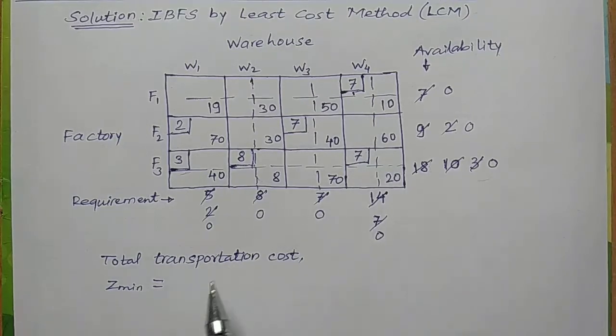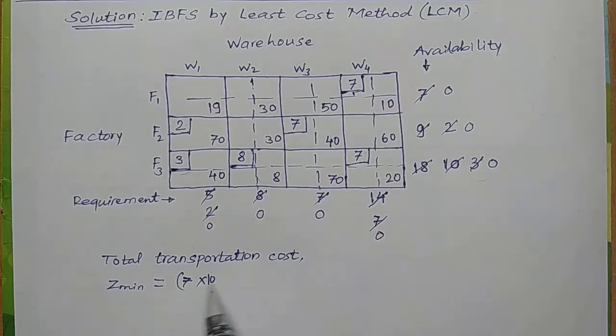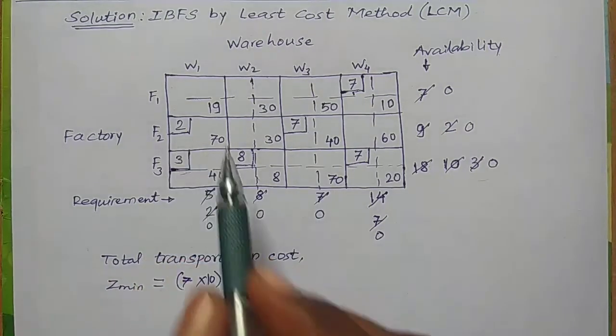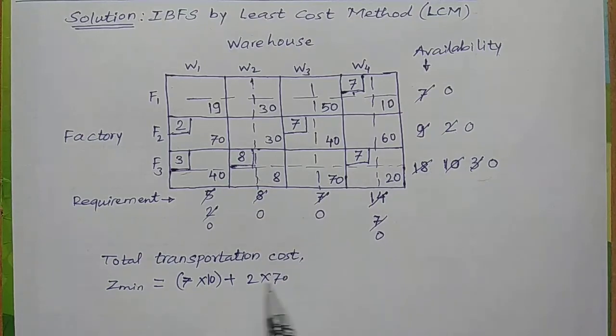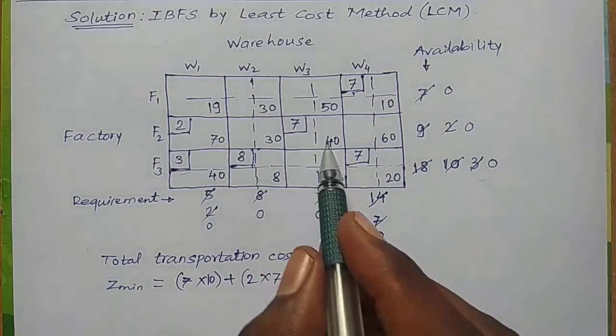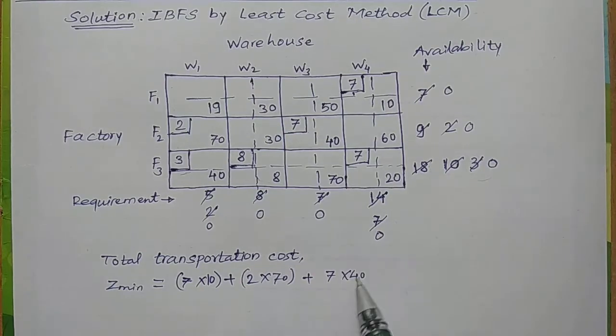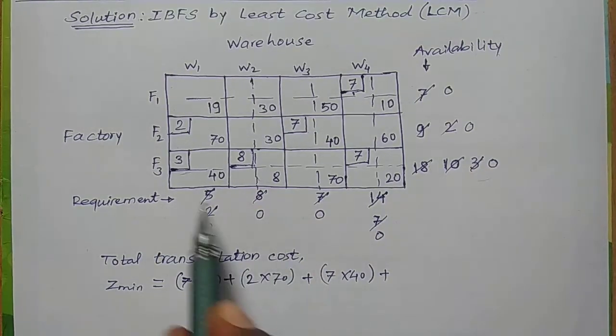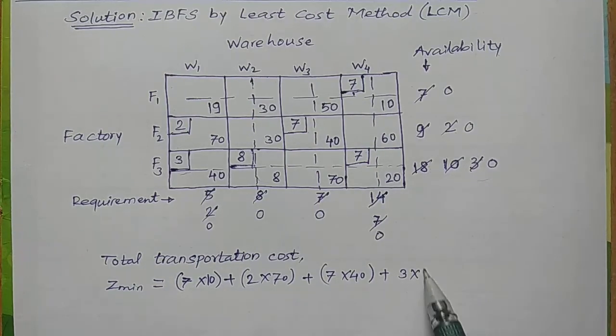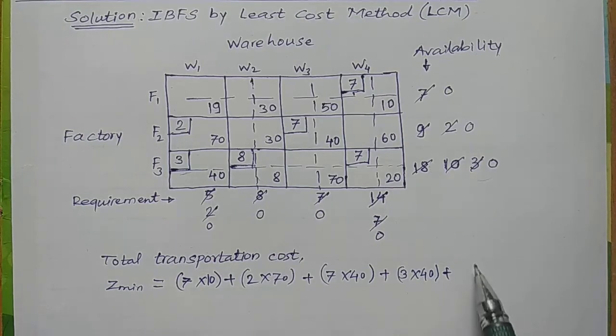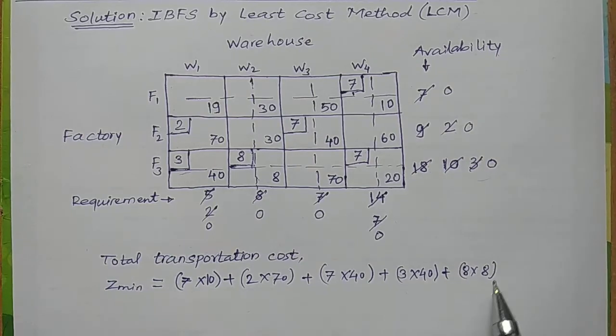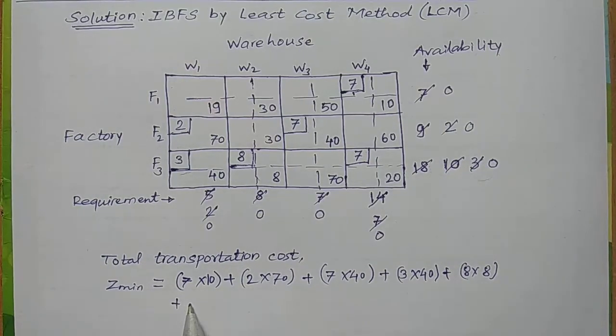Now therefore 7 into 10, plus 2 into 70, plus 7 into 40, plus 3 into 40, plus 8 into 8, plus 7 into 20.